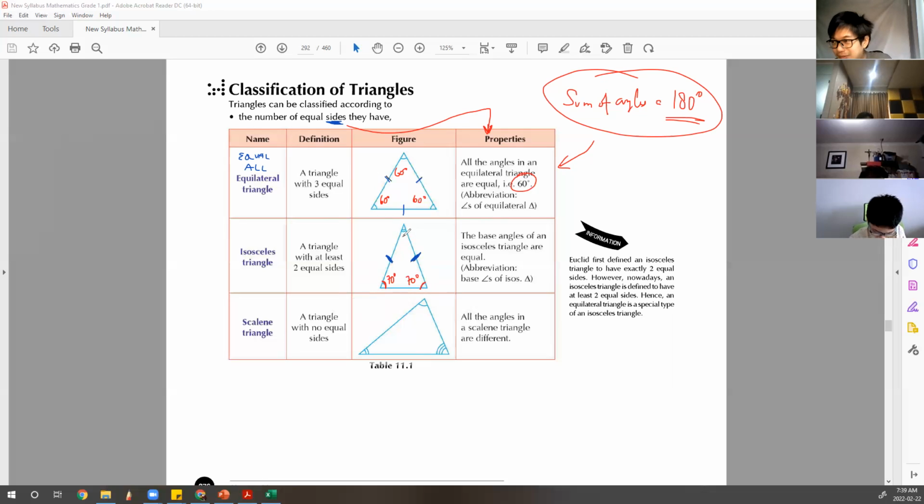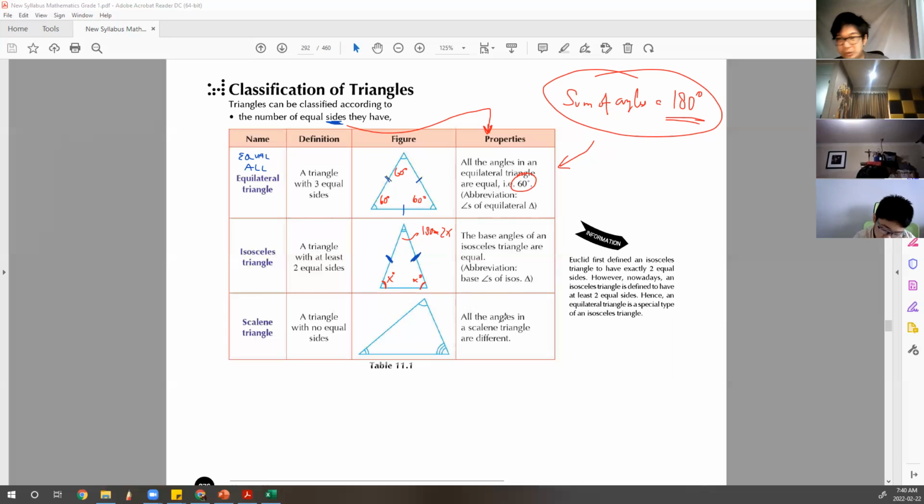Then the rest will be 180 minus 70 minus 70, so it is 40 degrees. If this is x on the bottom, this also is x, because the base angles are equal. So the remaining angle is 180 minus 2x. That's the rule for the isosceles triangle.